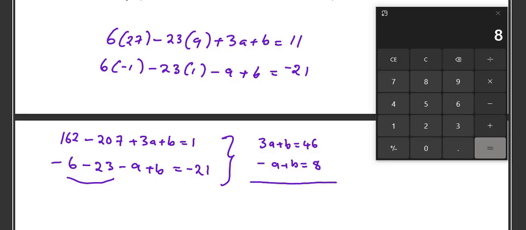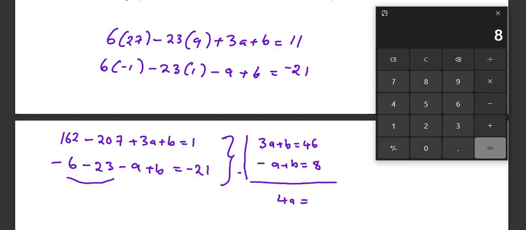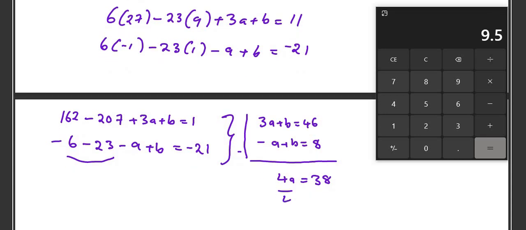So we can solve these simultaneously. I can just subtract them because here there's b, here there's b. So meaning this is going to give us 4a is equal to, if we say 46 minus 8, 38. So the answer divided by 4. Divide this by 4, divide this by 4.